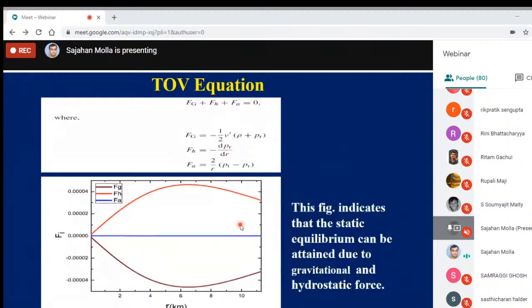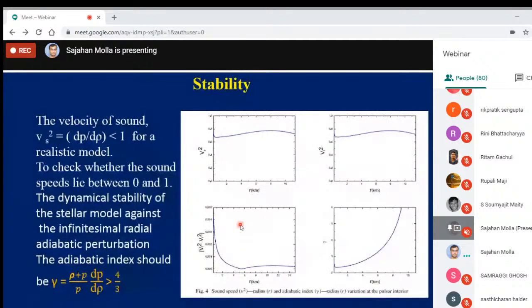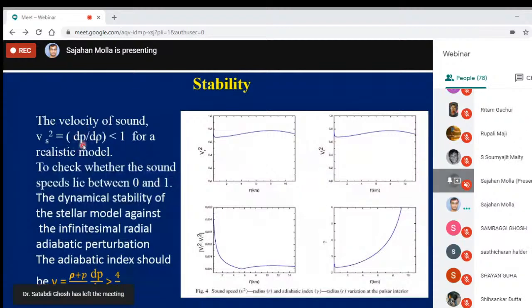As I have already told, for a standard star model, the velocity of sound inside the star should be less than or equal to 1, which is the causality condition. Here we see that the radial velocity is less than 1. The radial velocity is calculated from dp by d rho: dp is calculated from the pressure and d rho from the density, and when we divide dp by d rho, we get the velocity square.